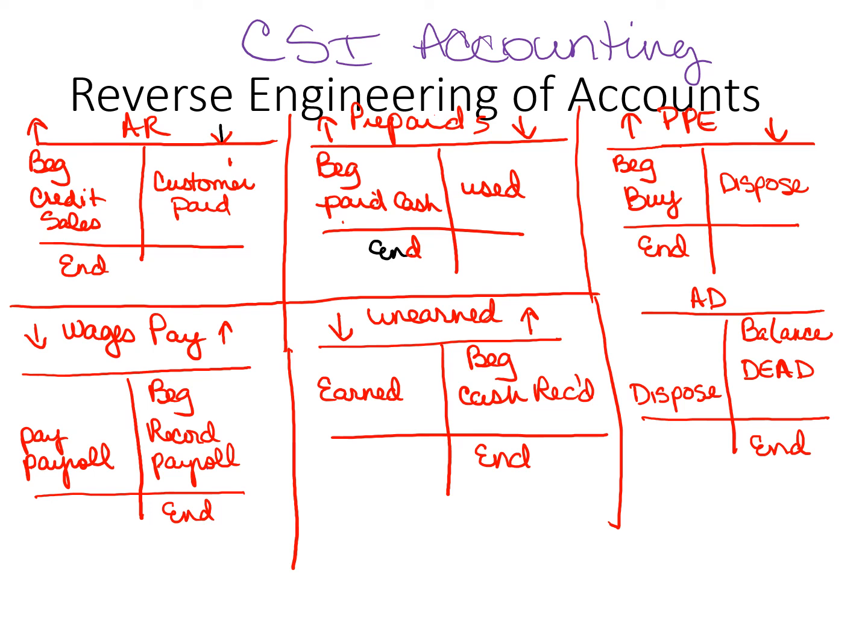That's sometimes called reverse engineering or CSI accounting. And so we've done them for accounts receivable, wages payable, prepaids, unearned liabilities, property, plant, equipment, and accumulated depreciation. So these are all the things we've learned so far.